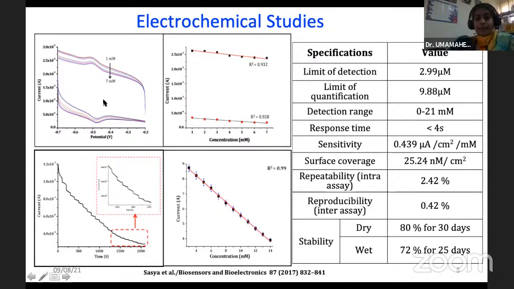And the stability of these electrodes was close to 80% in dry conditions and close to 72% in wet conditions over a period of 3 to 4 weeks. So this is the conventional kind of electrochemical nano sensor, or biosensor, that we had developed.